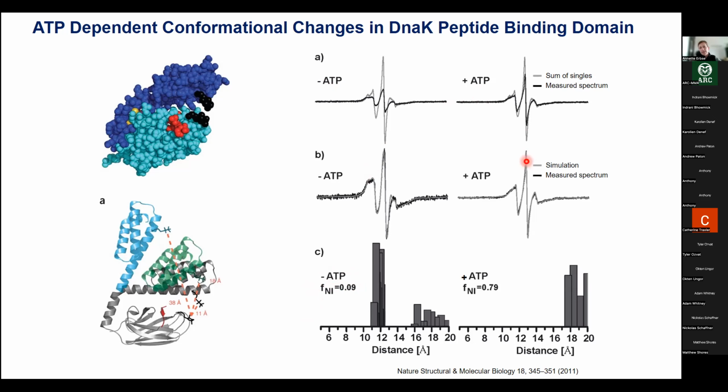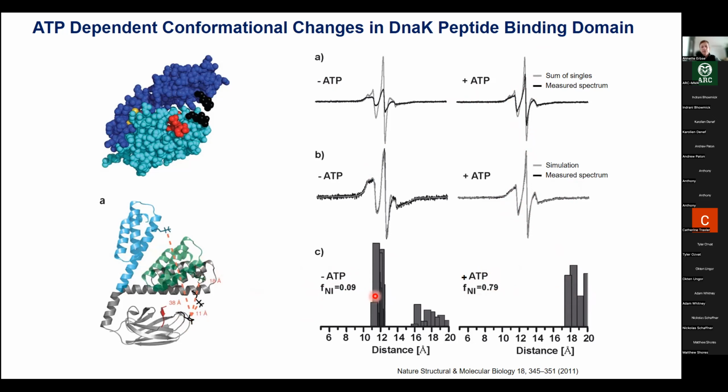So if you do the same experiment, adding ATP and do the fit of the interacting spectrum, you get a huge population now where the spins are so far apart that they don't interact, probably reflecting the fully open structure, and a smaller population of the, let's call it halfway open structure.